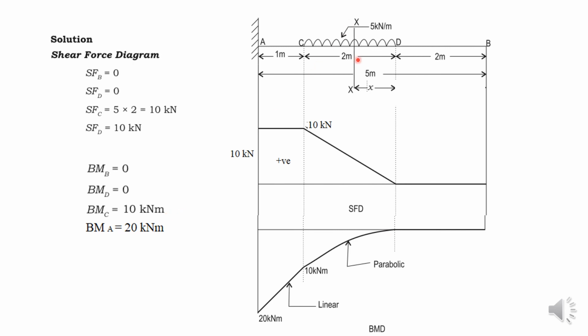Here it is a UDL, so 5 into x squared by 2 will be the bending moment. Then the value of bending moment at C is 10 kilonewton meter negative. So from D to C it is a parabolic curve, and from C to A it is an inclined line, which has a maximum bending moment of 20 kilonewton meter at A. Okay, so mark it as negative and shade the region.